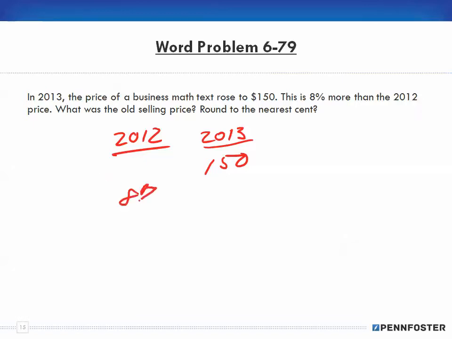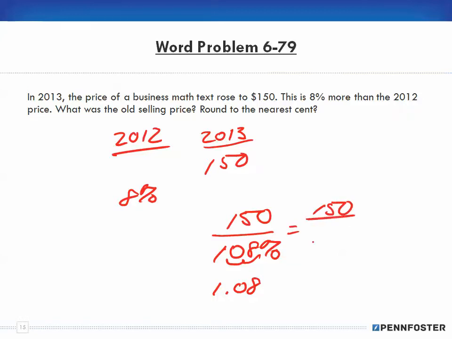So this is 8%. We know the future year is $150, and we're going to divide by the 108%. To make that a decimal, we move the decimal place 2 places, so that's 1.08. So we're taking 150 and dividing by 1.08.